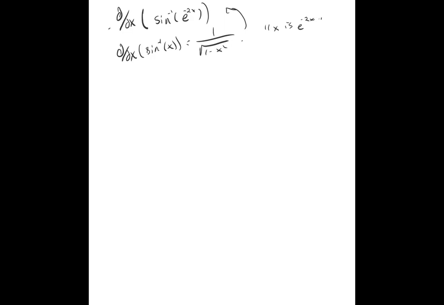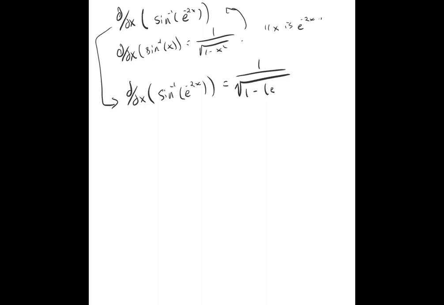So we pull this down here, d dx sine inverse of e to the minus 2x is 1 over square root 1 minus, and I'm going to put parentheses here, e to the minus 2x quantity squared times, and this is chain rule kicking in, d dx of e to the minus 2x.